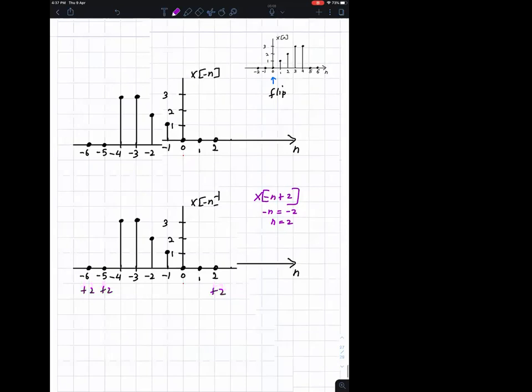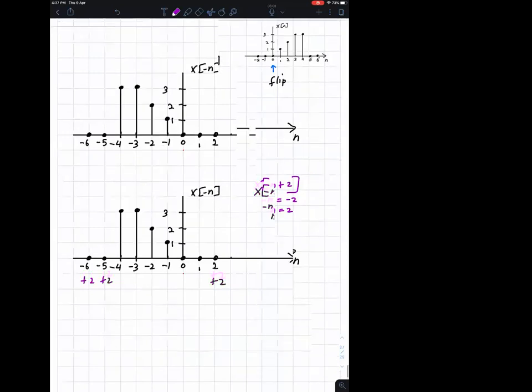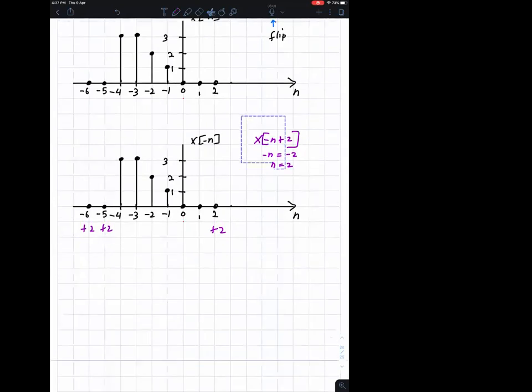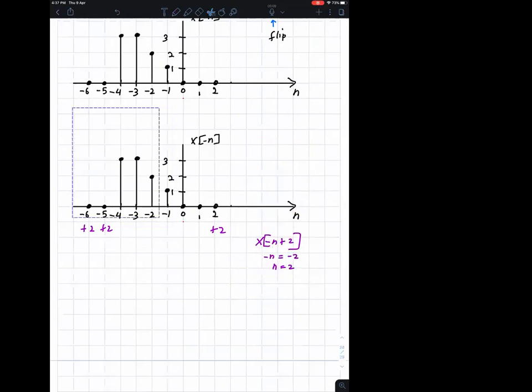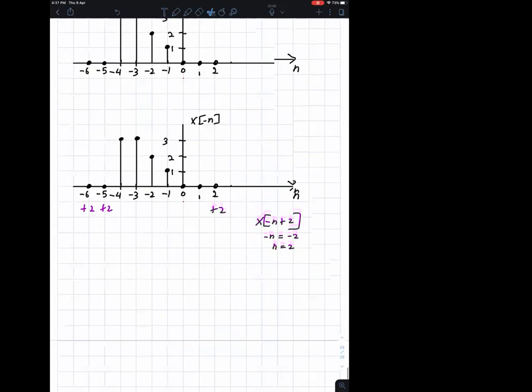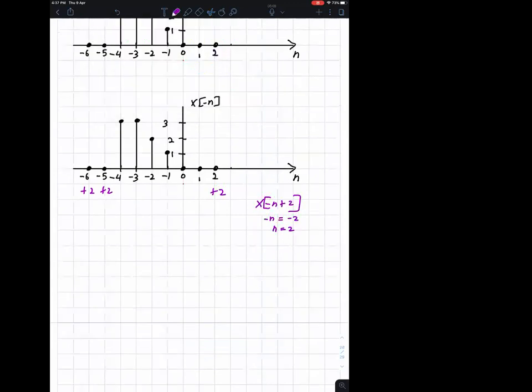When you do that, maybe I put my little work here so that you can see. All of them are going to get shifted to the right.